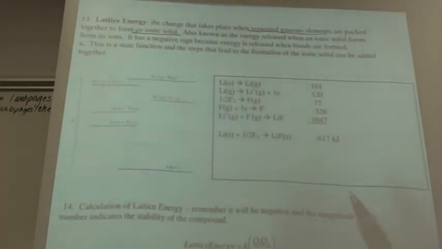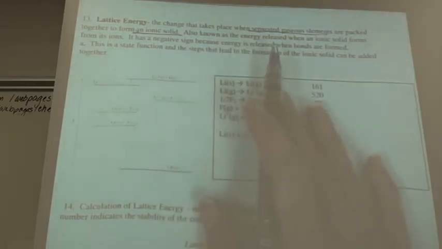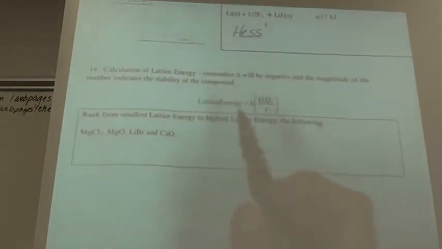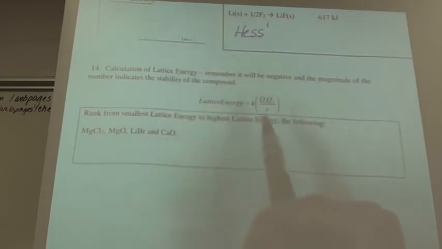The energy change is the energy released when the solid forms from its ions. It has a negative sign because the energy is released when the bonds are formed. It's a state function. You can use Hess's law to determine the amount of energy released. Okay. Once again, this looks suspiciously like the gravity formula.